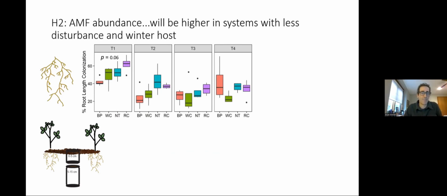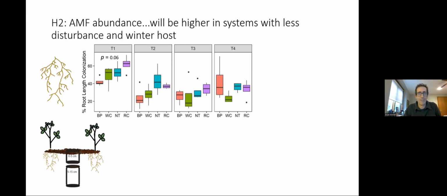So the systems with less disturbance and a winter host, the no-till and the rye cover crop, the rye cover crop's the purple box. At the beginning of the season, we do see higher activity on the root system, but it's somewhat marginal. And we're ranging between 40% root colonization and an average of 60% root colonization in our best and worst treatments.